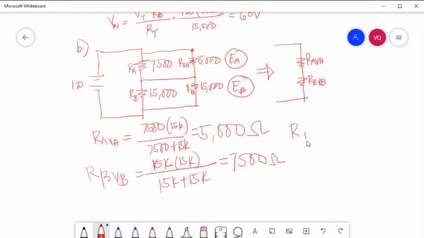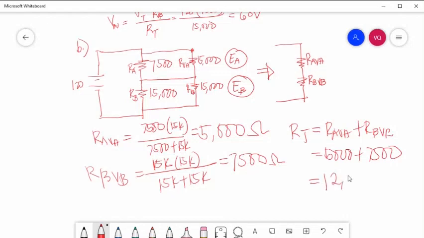So total resistance will be RAVA plus RBVB equal to 5,000 plus 7,500. So that is equal to 12,500 ohms.